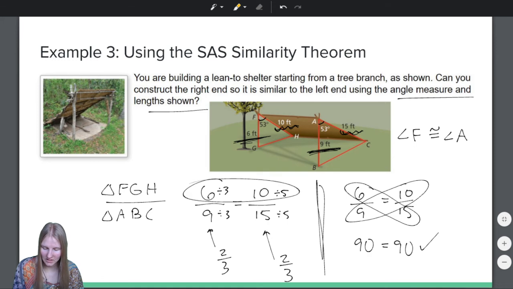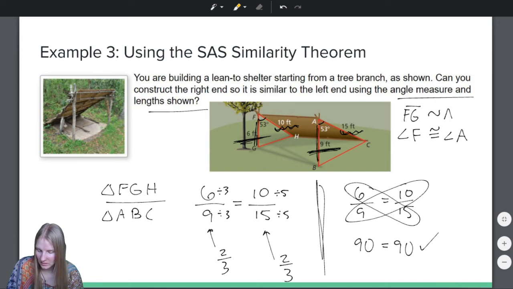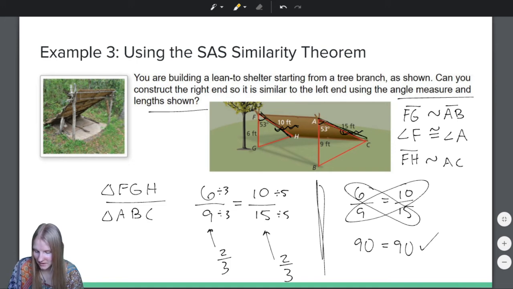We have the 6 feet, which is side FG, is proportional to side AB. And we have the 10 feet, which is side FH, that is proportional to side AC.